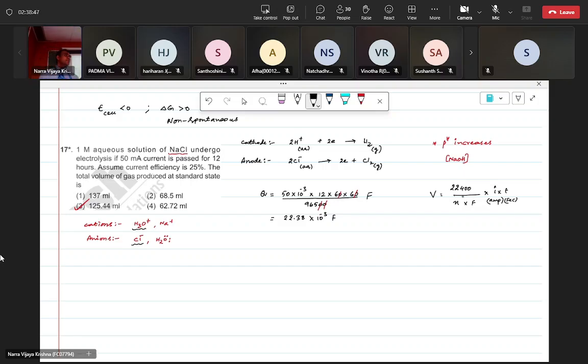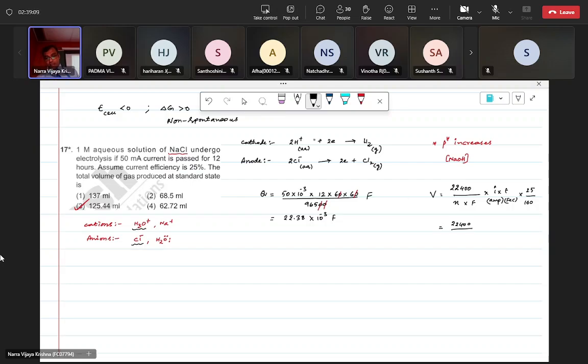What is the efficiency given? 25% efficiency, so into 25 by 100.